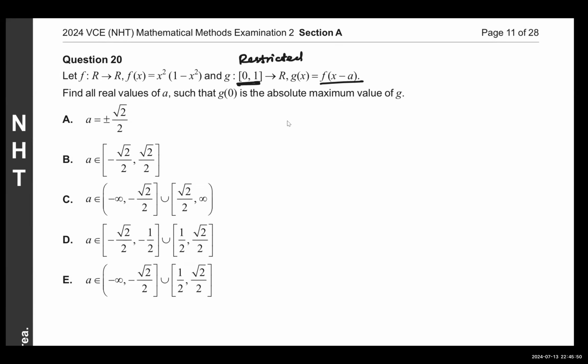Find all real values of a such that g(0) is the absolute maximum value of g. Right, so quite a bit to analyze, but if I look at the graph of f(x) = x squared times (1 minus x squared), I suppose x squared (1 minus x)(1 plus x).